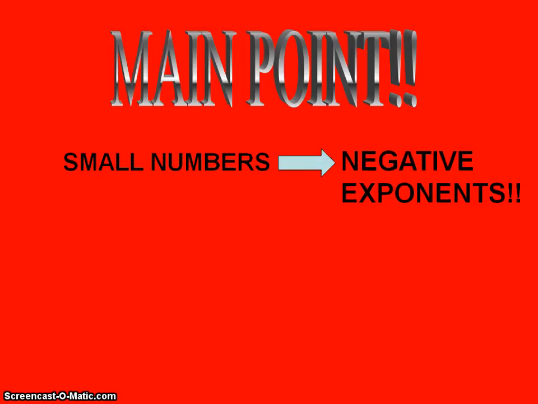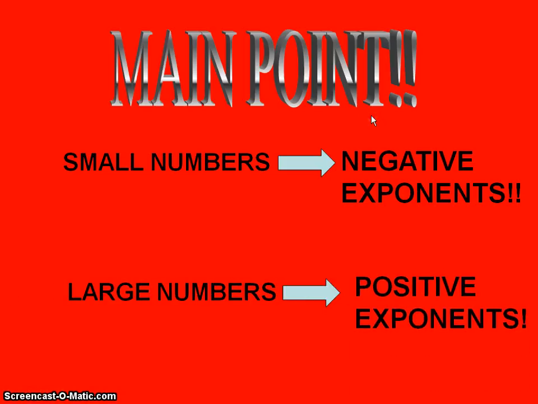If you have small numbers, really small numbers, then you're going to have a negative exponent. If you have large numbers, then you're going to have a positive exponent. I like to look at it and think about money. If I was given a very small amount of money, that would be a negative thing. If I was given a large amount of money, that would be a positive thing.